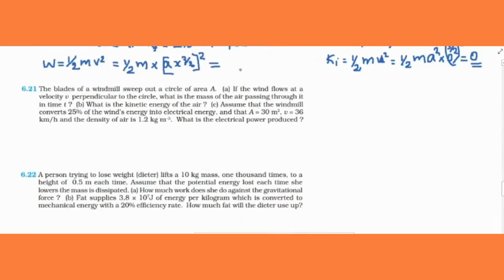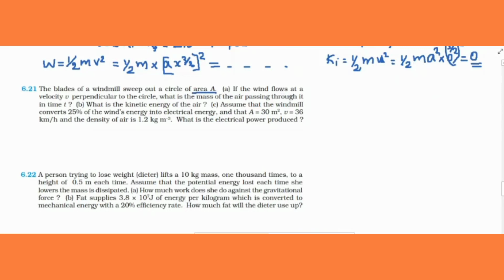Now, next question 21. The blades of a windmill sweep out a circle of area A. Area is given, A. Then part A of the question.